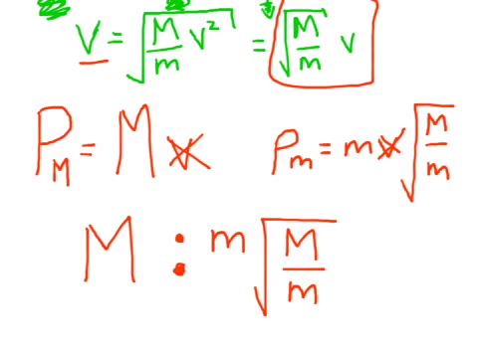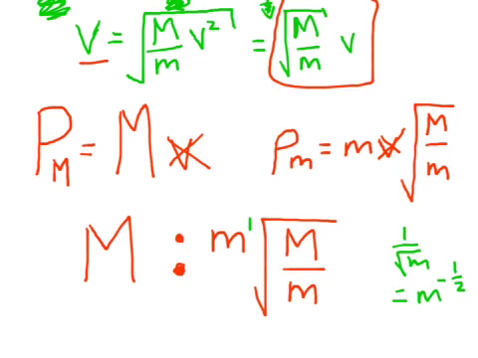Let's see what's the next step. It might be useful to write, just to make it a little bit plainer, these in terms of powers. That's m to the power of 1. If we take the 1 over square root of m, that's m to the power of negative 1/2. Square root is to the power of a half.